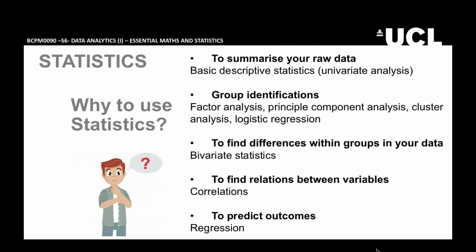We can make group identification, clustering. We can find differences between groups in our data by using bivariate statistics. We can find relations between different variables by doing correlations. And we can predict outcomes, for example, with the use of regression analysis.